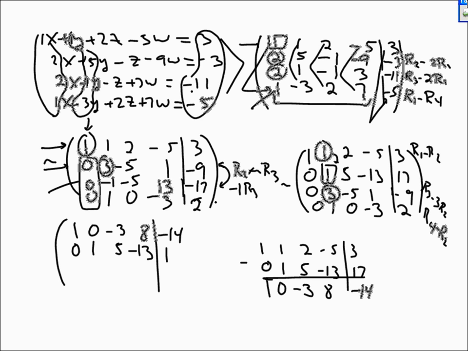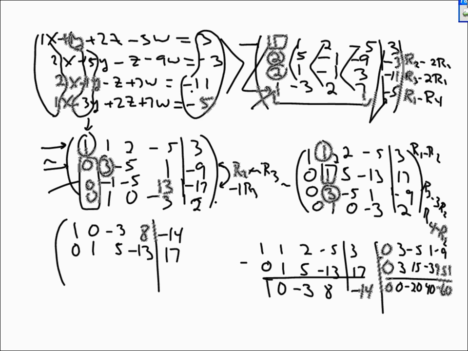And row 3 does get changed. Row 3 is row 3 minus 3 row 2s. This is row 3, and 3 row 2s, 3 zeros, 3 1s, 3 5s, 3 13s, and 3 17s. And you subtract, you get 0, 0, negative 20, 40, and negative 60.